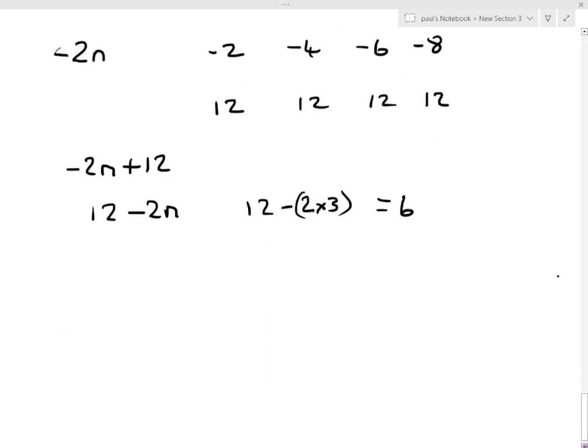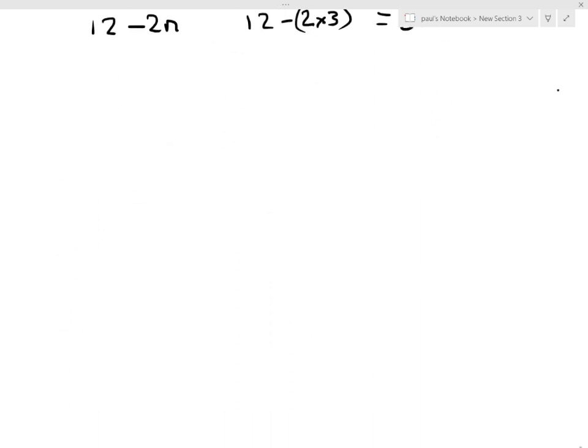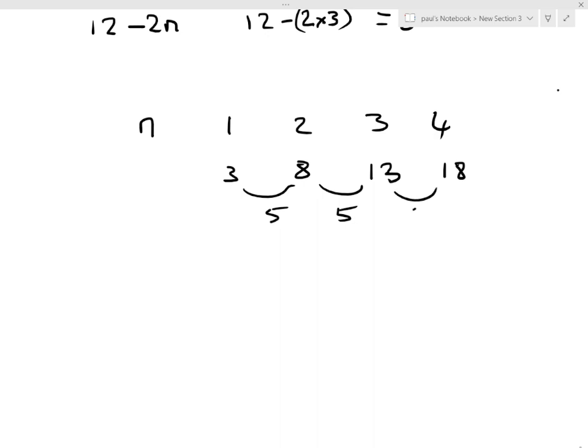Just one more of these linear sequences. So n is 1, 2, 3, 4, and the sequence is 3, 8, 13, and 18. What's the difference? It's 5, 5, 5.